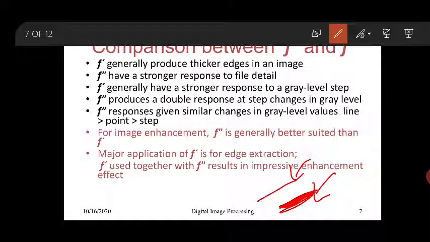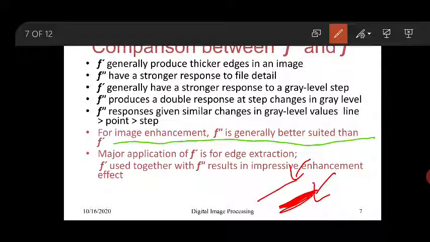Since f double dash responds to similar changes in gray level values, a line or point is greater than a step. Since for image enhancement, f double dash, the second order derivative, is generally better suited than f dash. This plays a very important role for most of the operations in your project. Why do we require the first order derivative and second order derivative?